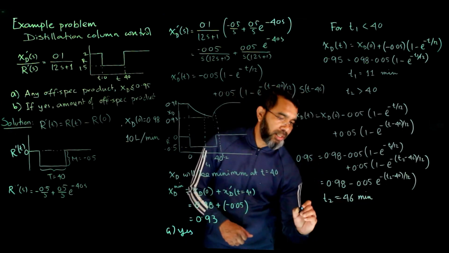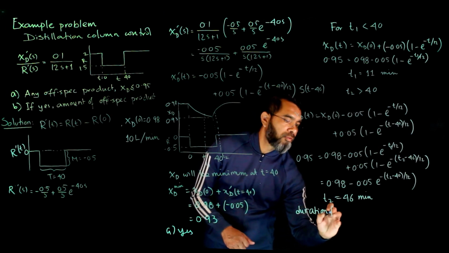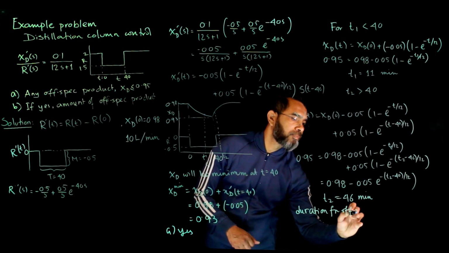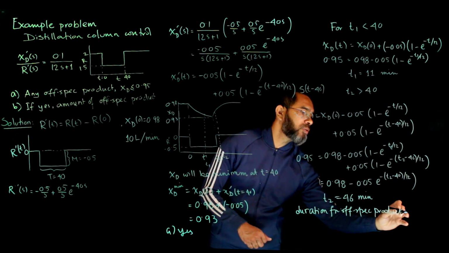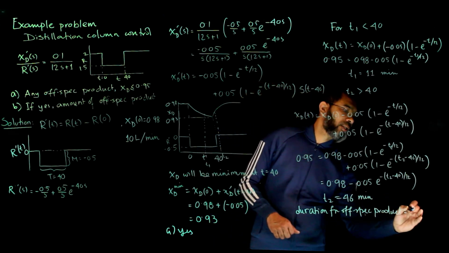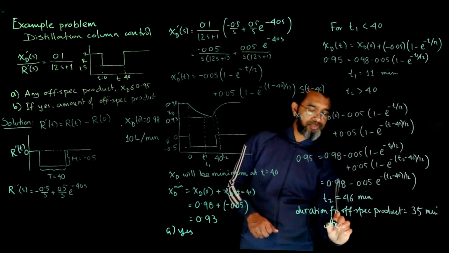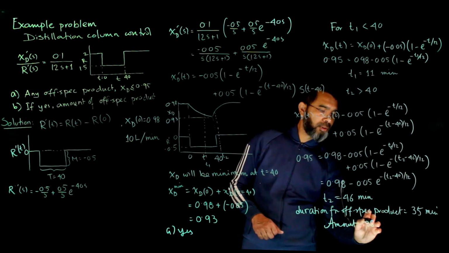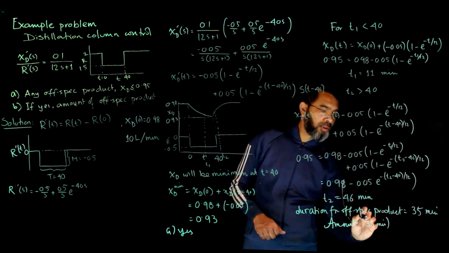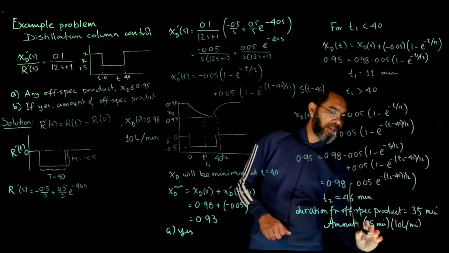So the duration of off-spec product is t2 minus t1, which is 35 minutes. The amount will be then 35 times 10 liter per minute, giving 350 liter.